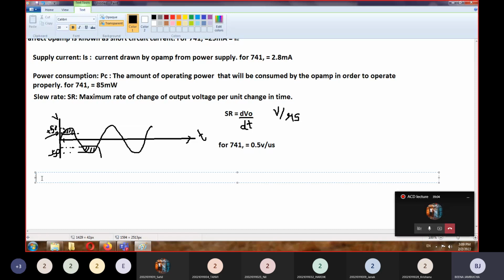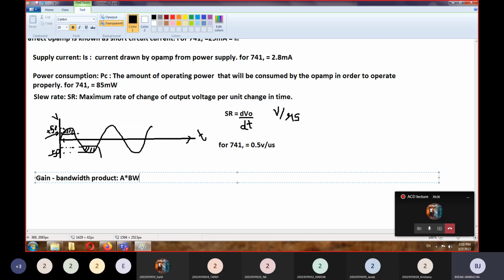And the last one is gain bandwidth product. You can also call it A into BW, gain times bandwidth.